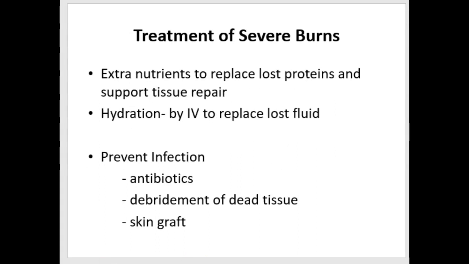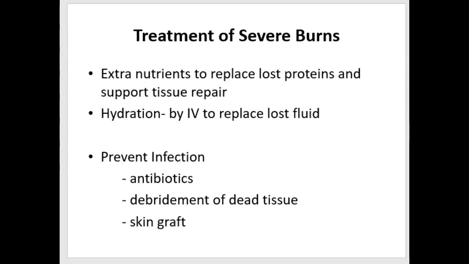So treatment is centered around three things. One, supplying the patient with enough nutrients to replace the proteins that they've lost, the fluid that they've lost, and support tissue repair. I've heard it said that a burn patient can't eat too much.